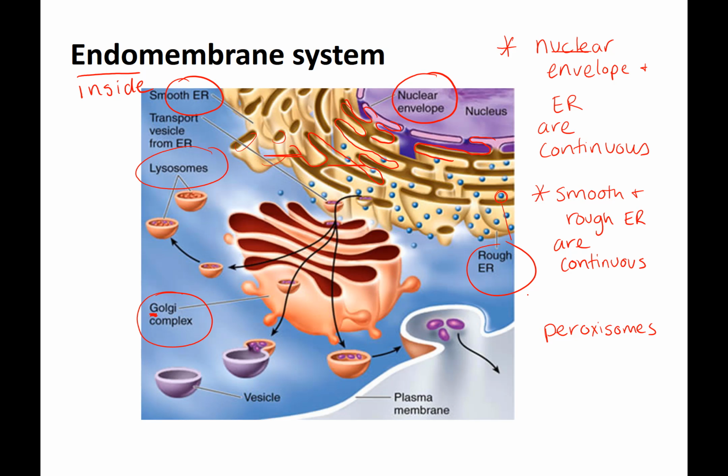And these little dots represent ribosomes. Ribosomes on the ER make it rough. Okay, because it looks physically like it has little bumps, which it does, compared to the smooth ER with no ribosomes.